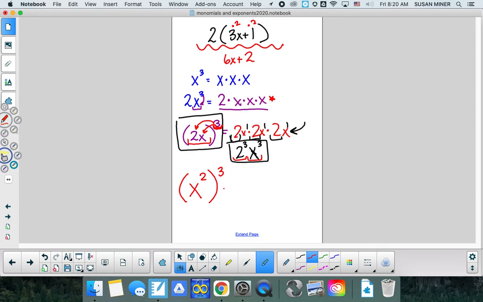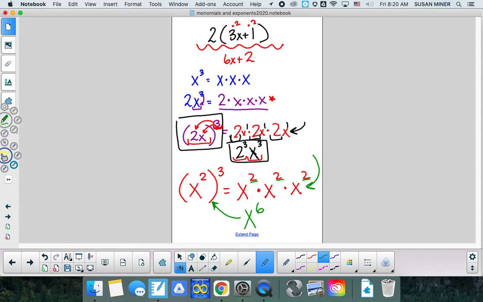Well, what that is expanded is x squared times x squared times x squared. And the rules of multiplication say if I simplify this expansion, I take that exponent and add up how many I have. The rules of multiplying exponents say add the exponents. So I end up with 2 plus 2 plus 2, which would give me x to the 6th. Now take a look here.